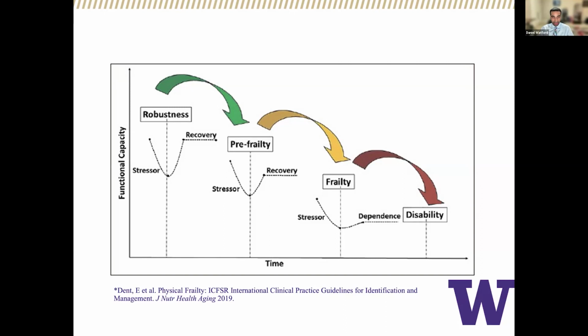This is in the absence of any intervention such as physical therapy or rehabilitation. It's often difficult for frail patients to recover from health stressors like infections, heart attacks or heart failure exacerbations, falls, fractures, or even large surgeries.